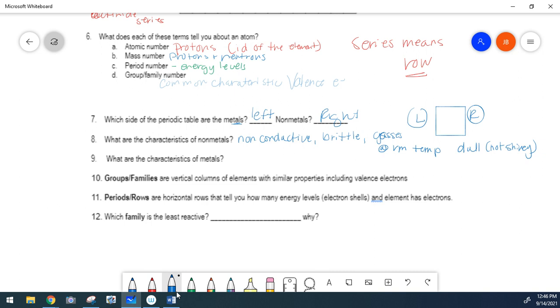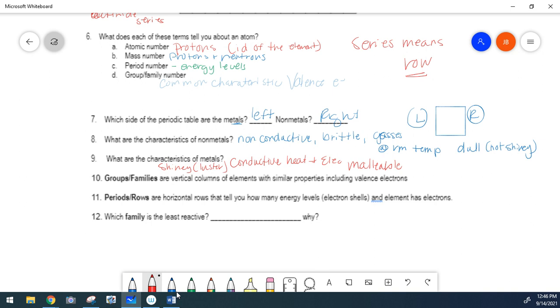Okay, what are some characteristics of metals? Yes, they are shiny, which means they have what? Luster. Okay, and they are conductive, meaning they conduct what? Heat and electricity. Okay, they're malleable. What does that mean?